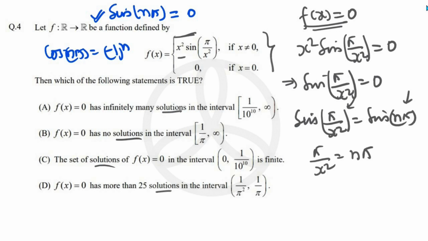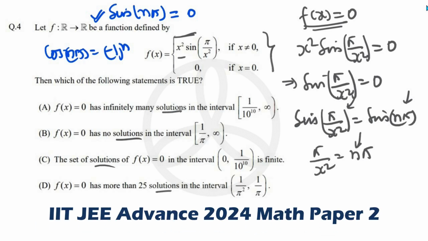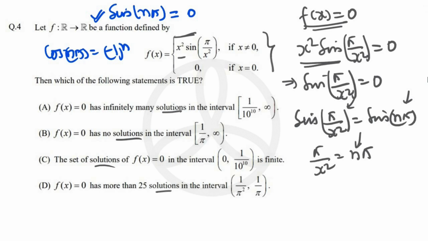We get pi/x square is equal to n. N is the number of nodes, or the number of points where this particular graph crosses the x-axis or touches the x-axis, where the value of y or value of f(x) becomes 0. And this is the number of solutions that we are looking at. So our number of solutions is actually defined by n is equal to 1/x square.